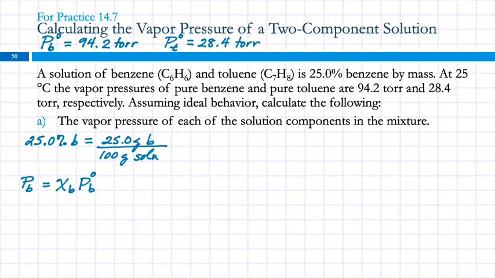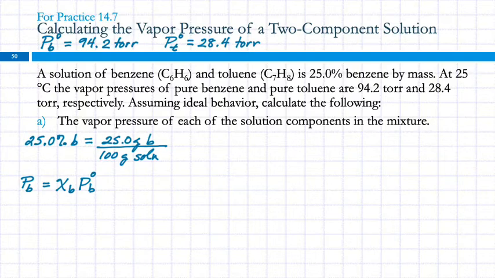Well, I have the vapor pressure of pure benzene, so that's nice, but I need the mole fraction. And what I've been given is a mass percent. So to convert this into a mole fraction, I need to know how many moles of benzene I have and how many moles of toluene.